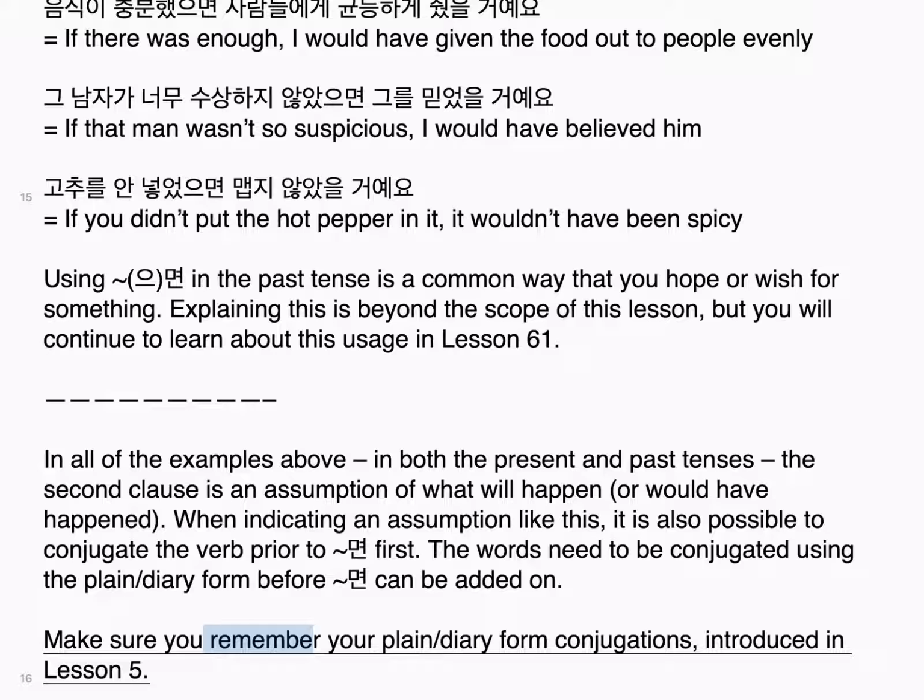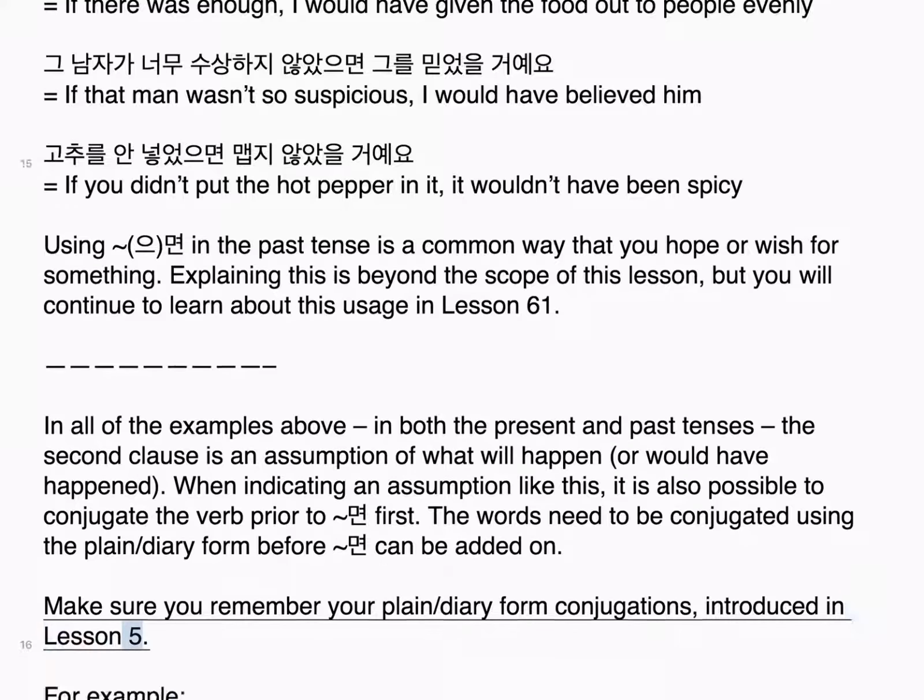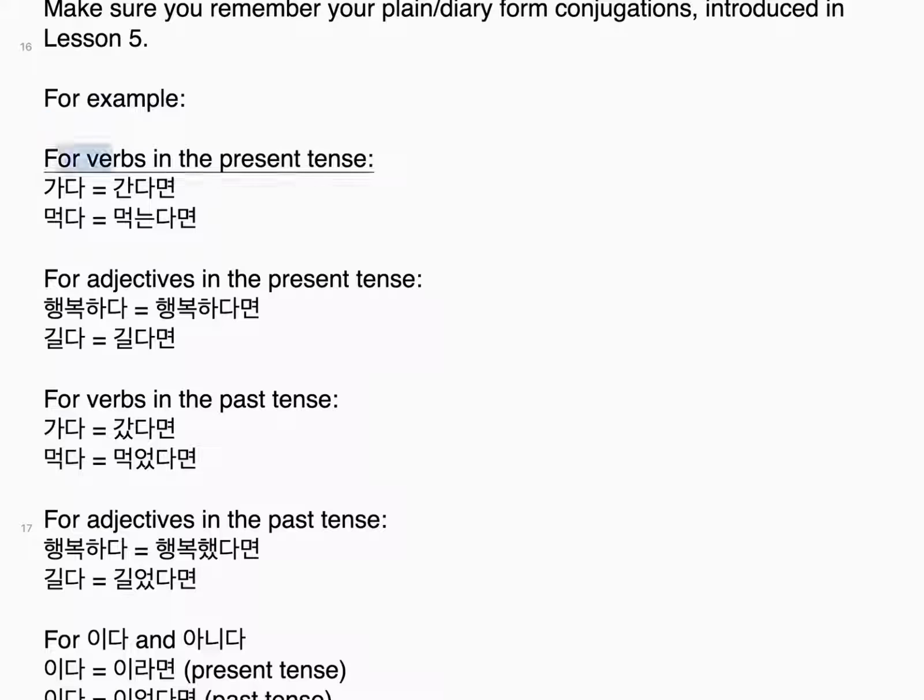Make sure you remember your plain diary form conjugations, introduced in lesson 5. For example, for verbs in the present tense: 가다, 간다면; 먹다, 먹는다면. For adjectives in the present tense: 행복하다, 행복하다면; 길다, 길다면. For verbs in the past tense: 가다, 갔다면; 먹다, 먹었다면.